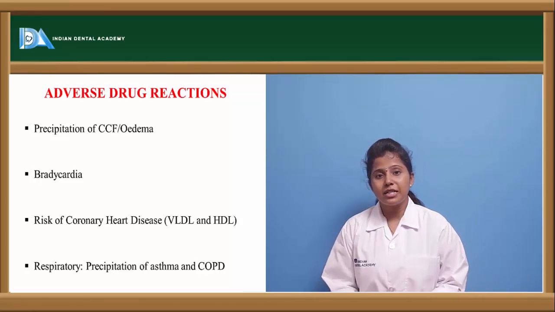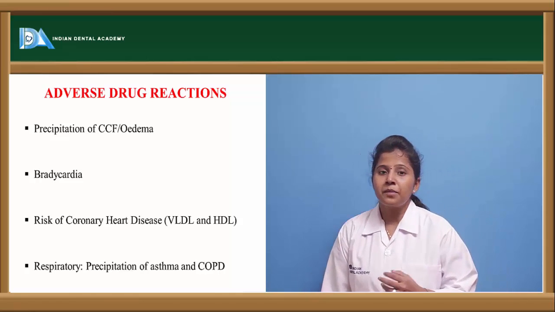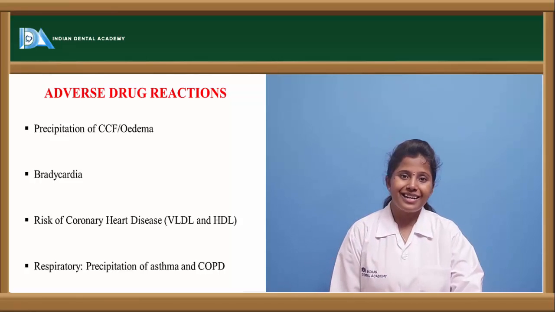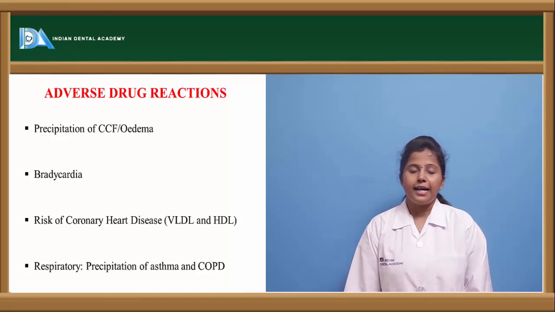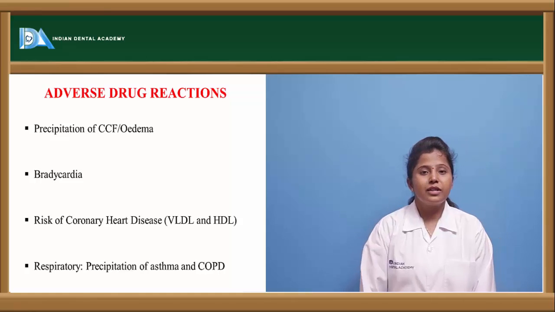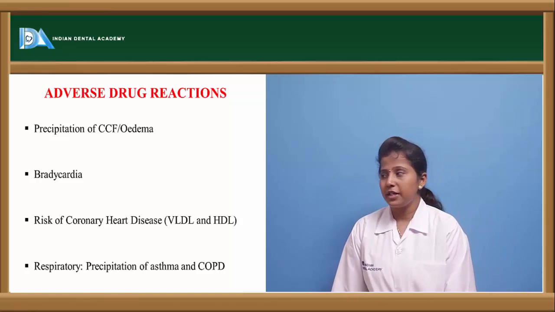It gets deposited in the coronary vascular muscles or coronary smooth muscles, where there will be reduced flow, or increased risk of coronary heart disease, and it sometimes causes precipitation of asthma and COPD. So if it is given in excessive dose, it leads to chronic obstructive pulmonary disease also.